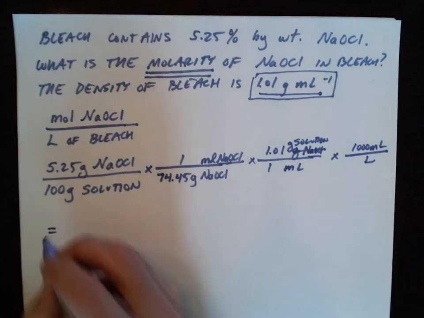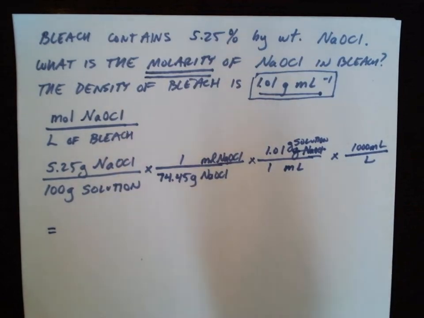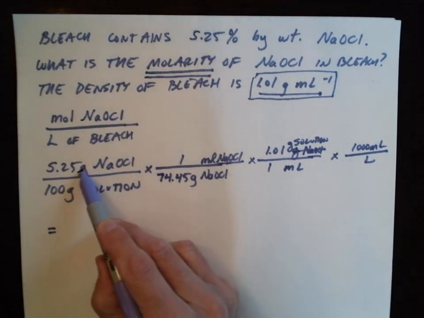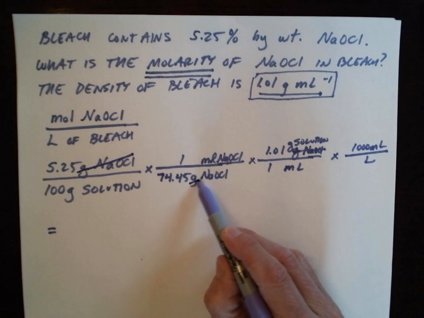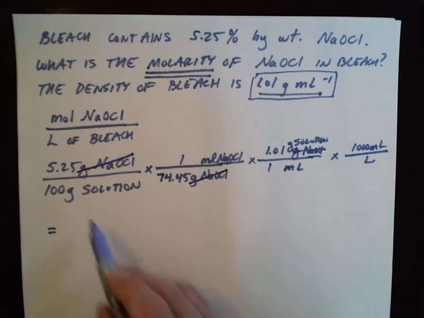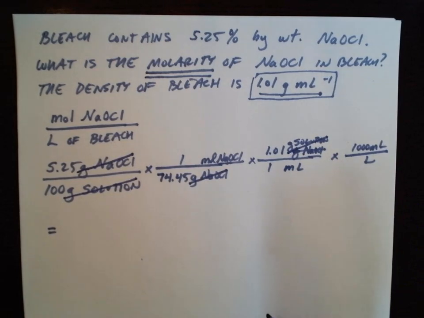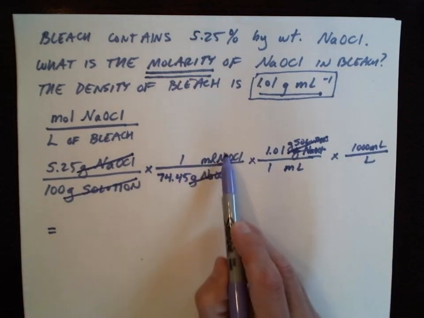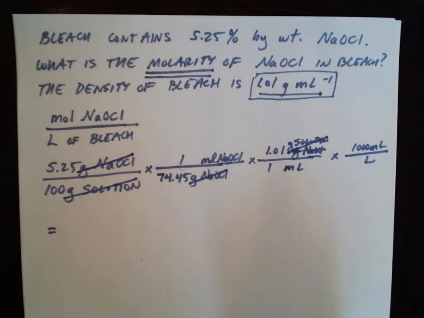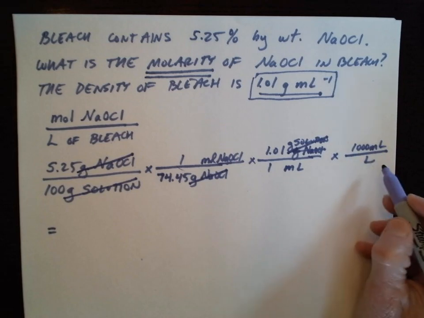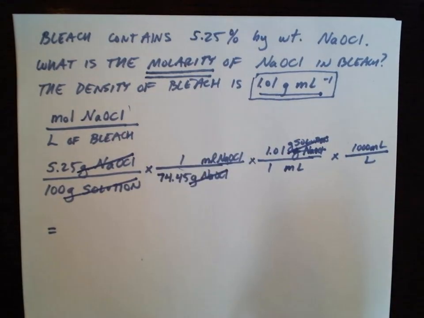I think at this point we can run through the calculation. Let me just cancel out the units just to make sure. Grams of sodium hypochlorite cancels grams of sodium hypochlorite. Grams of solution cancels grams of solution. And it looks like I have moles of sodium hypochlorite that are surviving for every liter. Moles per liter, that's what we want.